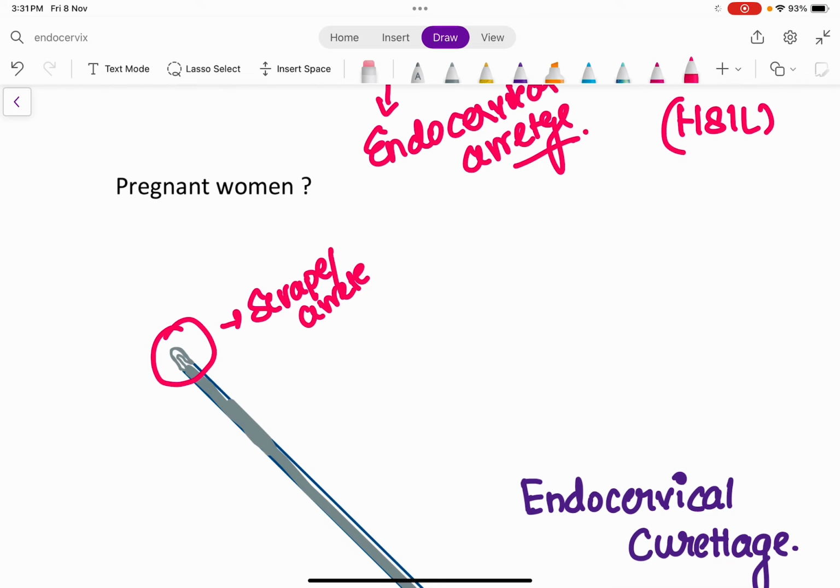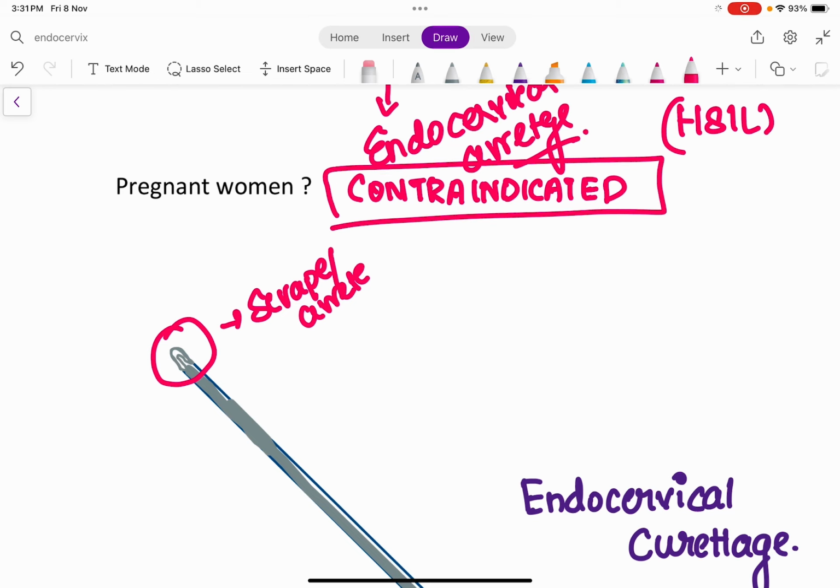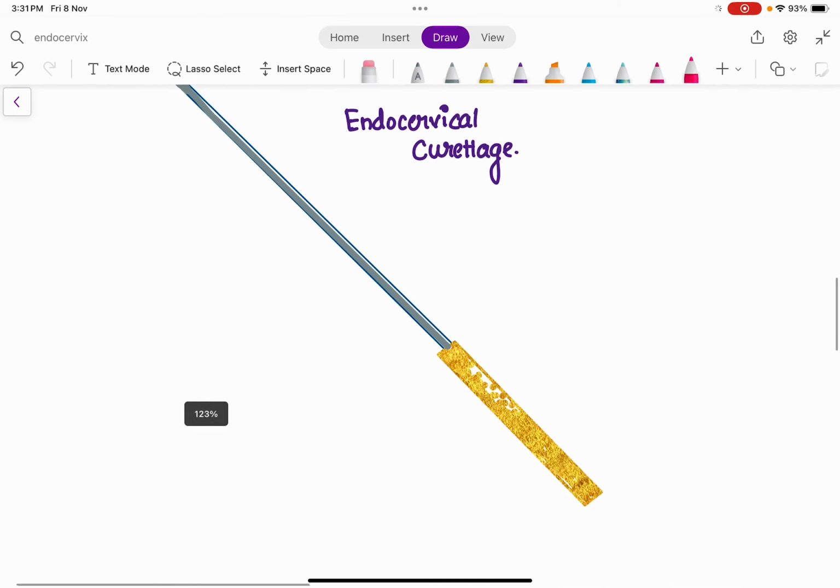But endocervical curettage is contraindicated in pregnant women. Please note that. Endocervical curettage is contraindicated in pregnant females. We'll discuss why it is contraindicated in pregnant females in the following discussion.